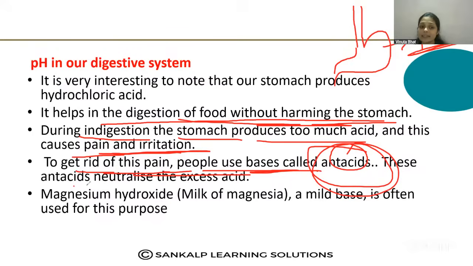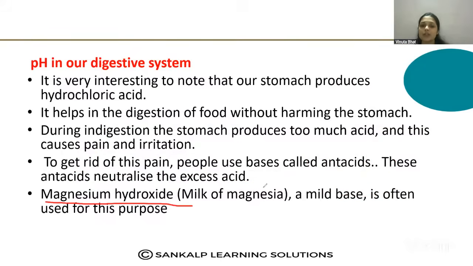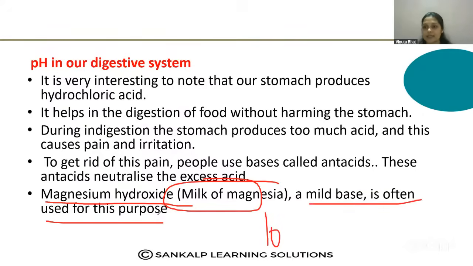These antacids neutralize the excess acid present in the stomach. Magnesium hydroxide, the milk of magnesia, with pH 10, is a mild base often used for this purpose. The milk of magnesia is an example of antacids.